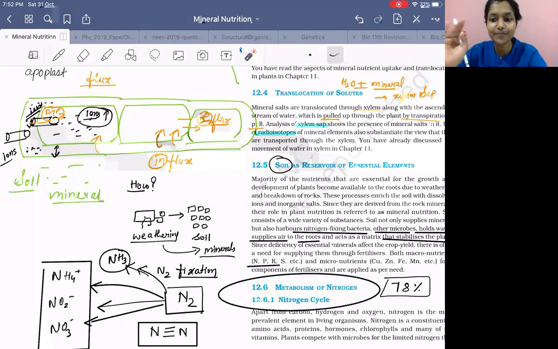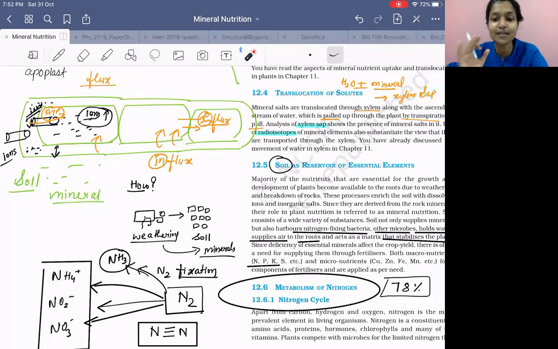Basically, soil is something which provides proper stability to the plant. Soil is like a parent, like your parent. Your parent gives you everything, whatever you require, and finally you get a stability in your life, right? Similarly, for plant, soil acts as what? A family. Soil acts as the parent.